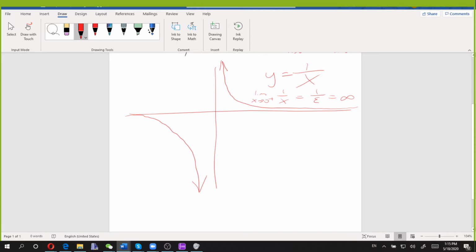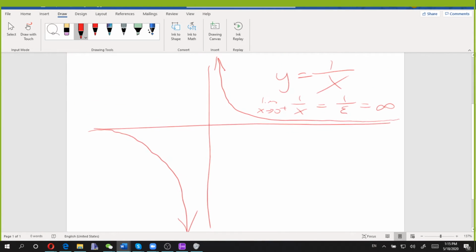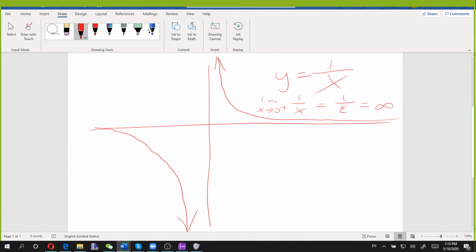Okay. So first, Eric, is this function continuous? Okay, no, this function is not continuous. At what point is this function not continuous?